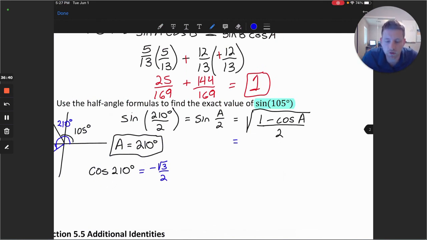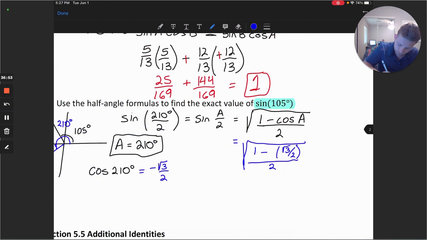We know the cosine of our A angle. So we'll begin with the square root of 1 minus negative √3 over 2, divided by 2. We'll have a double negative here to work with. So we can represent this with a 2 over 2 plus √3 over 2, all divided by 2.